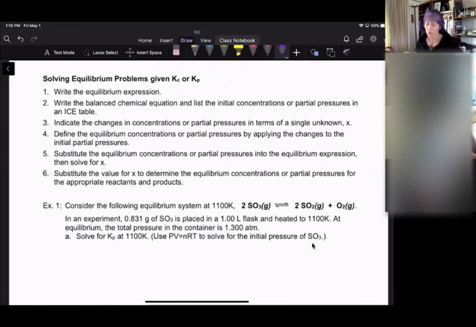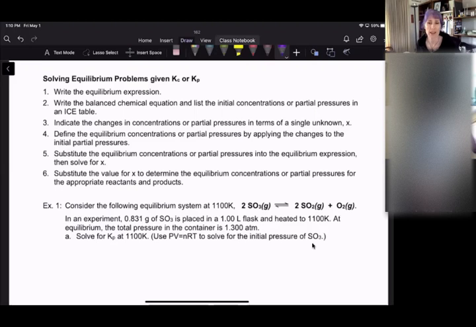Okay, so if you're given the K value, then you'll need to write that equilibrium expression, set up your ice table underneath the chemical equation, and then figure out what those changes are in terms of X. We might need to use the law of partial pressures to find the equilibrium pressures, like we just did.